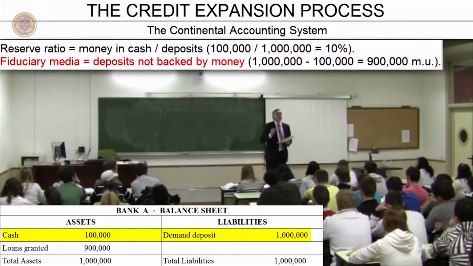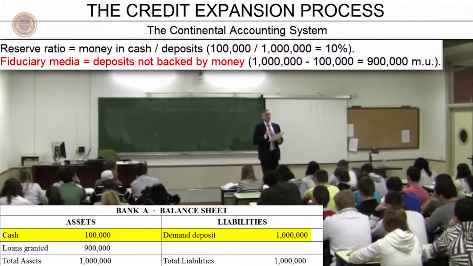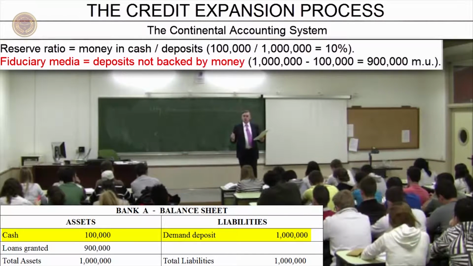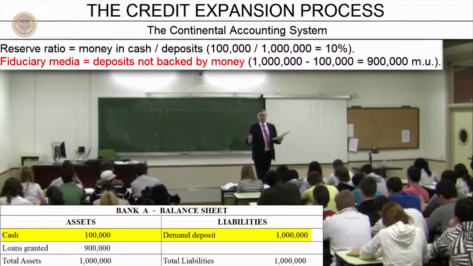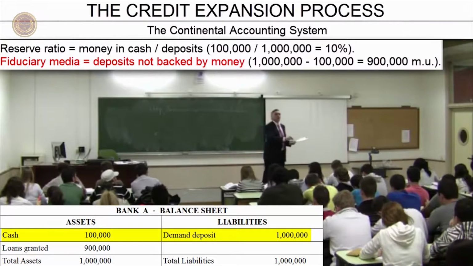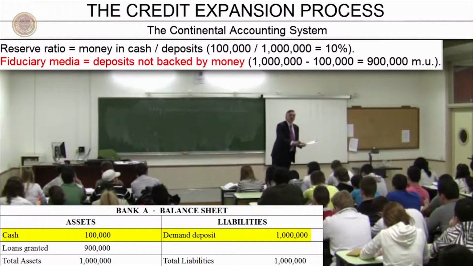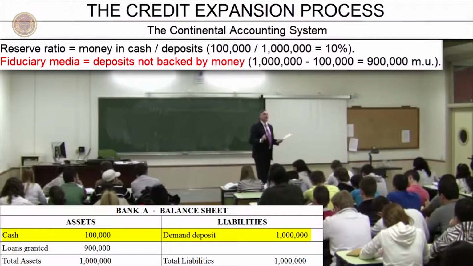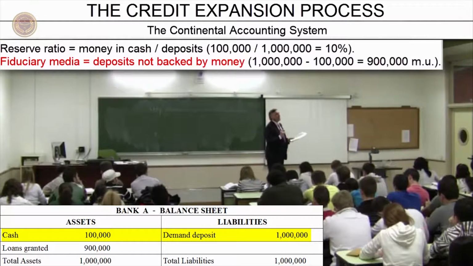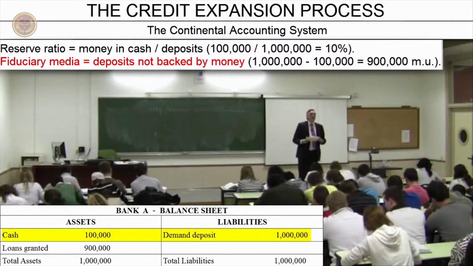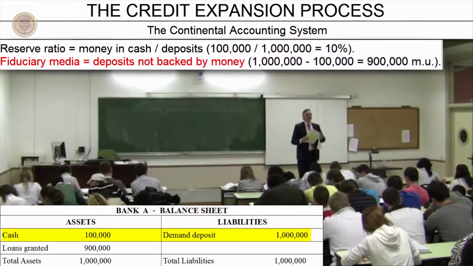Well, the portion of deposits that are not backed by cash reserves in the bank are called fiduciary media. Notice that the bank has as a deposit 1 million monetary units, and yet its vaults contain only 100,000. This means it has created from nothing 900,000 units of fiduciary media.